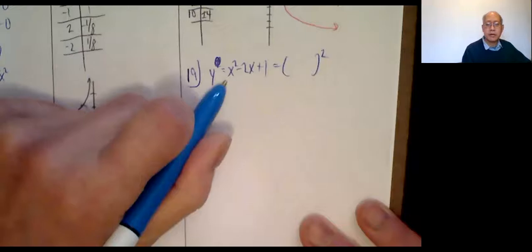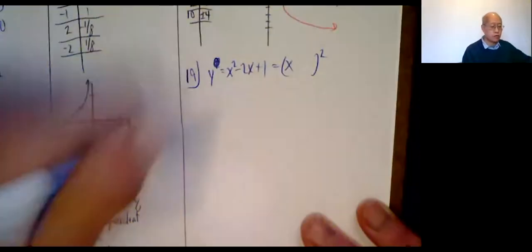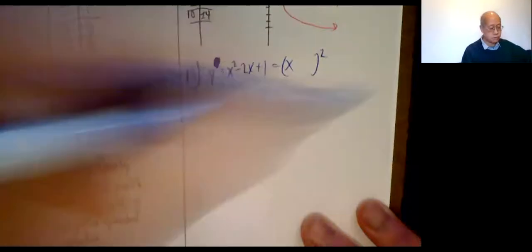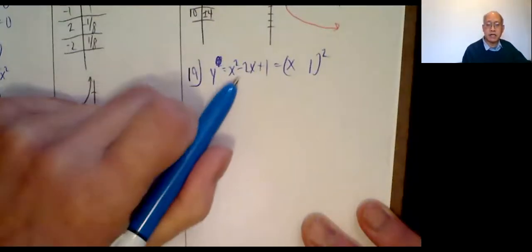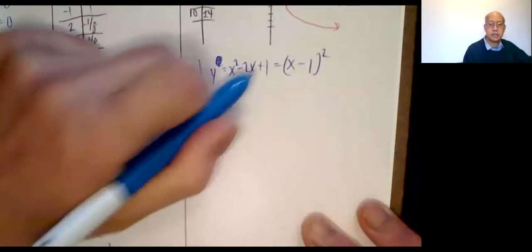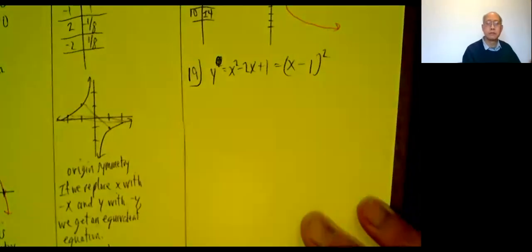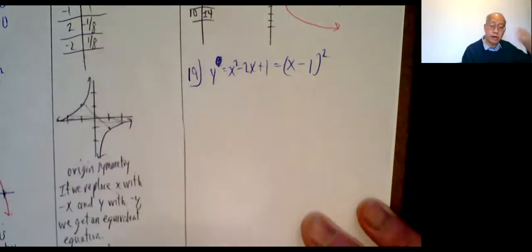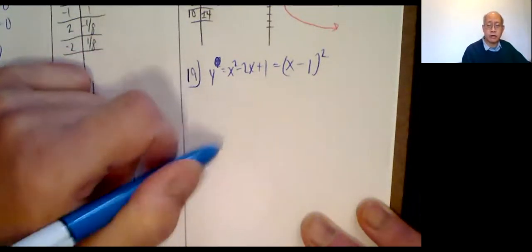What do you square to get that? What do you square to get 1? 1. The sign matches this. If this is a minus, this is a minus. If this is a plus, this is a plus. Okay, x minus 1 squared, it's basically just x squared moved over to the right 1 unit.